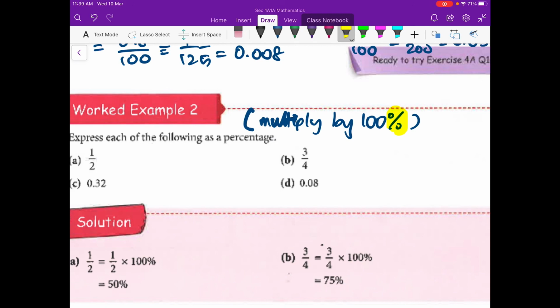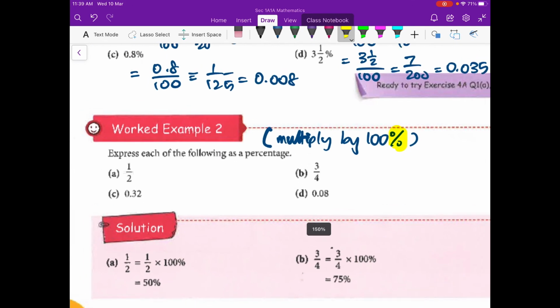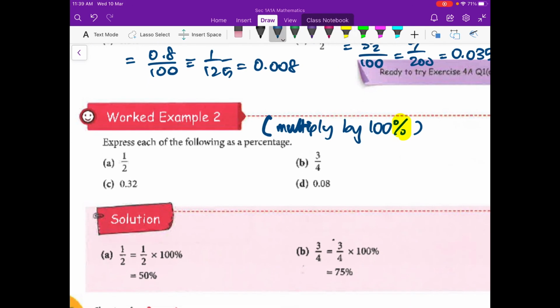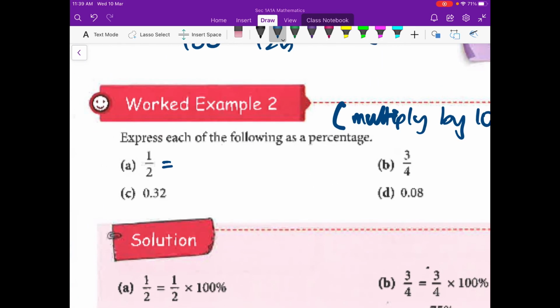Okay, and the working is as such. For the first one, half. Write down, equal to, so half equals half times 100%. Look at the percent symbol. And this is 50%. There is a percent symbol.